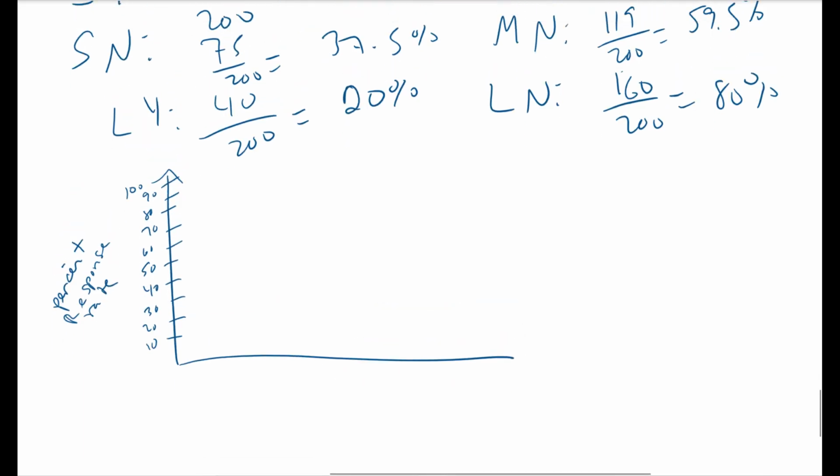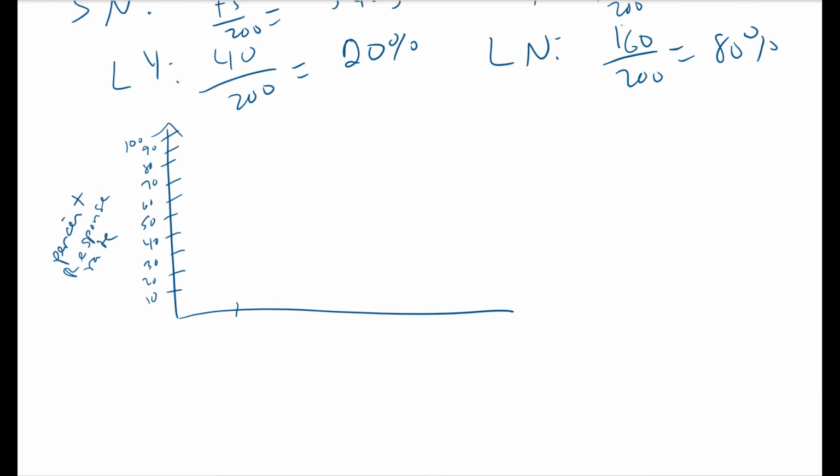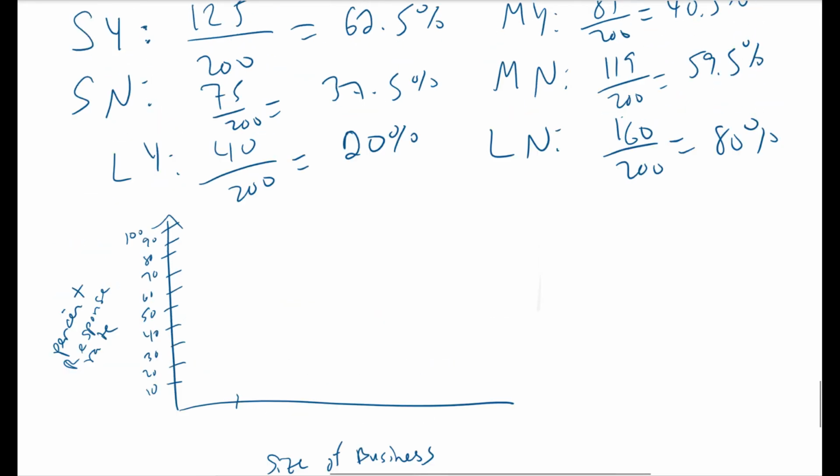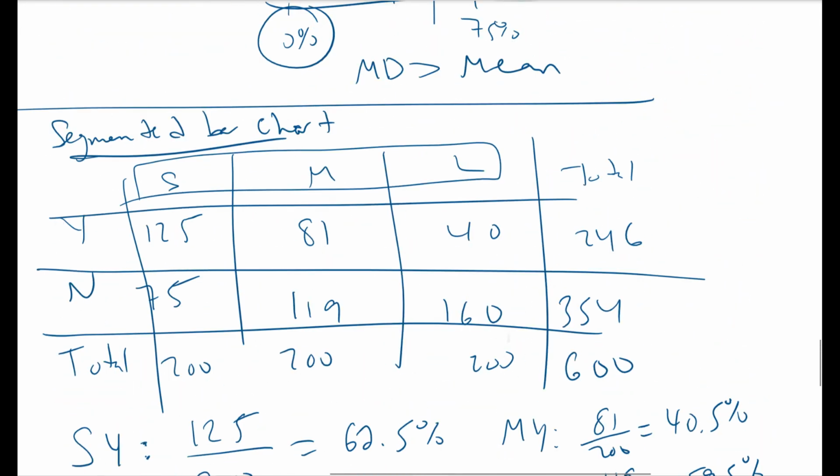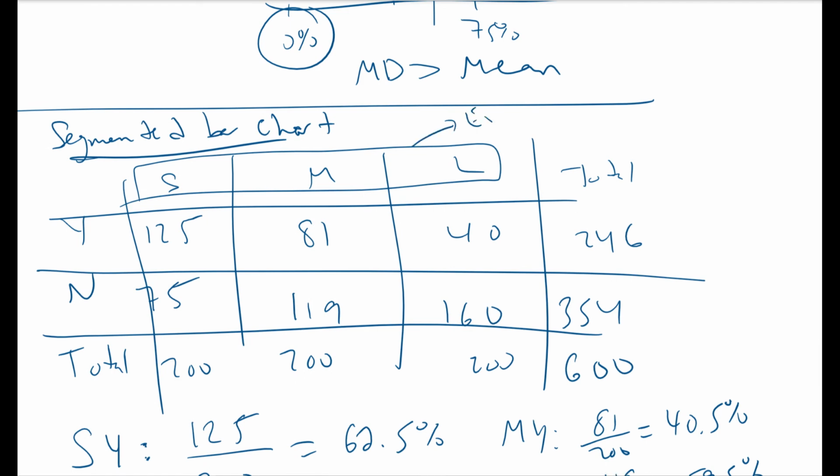And then our variables are the size of business here. So keep in mind that because this is our explanatory variable, this will generally go on the x-axis. I forgot to mention that, since the explanatory variable usually goes on the x-axis. So in this case, just make this the x-axis just so that you're not confusing anything.